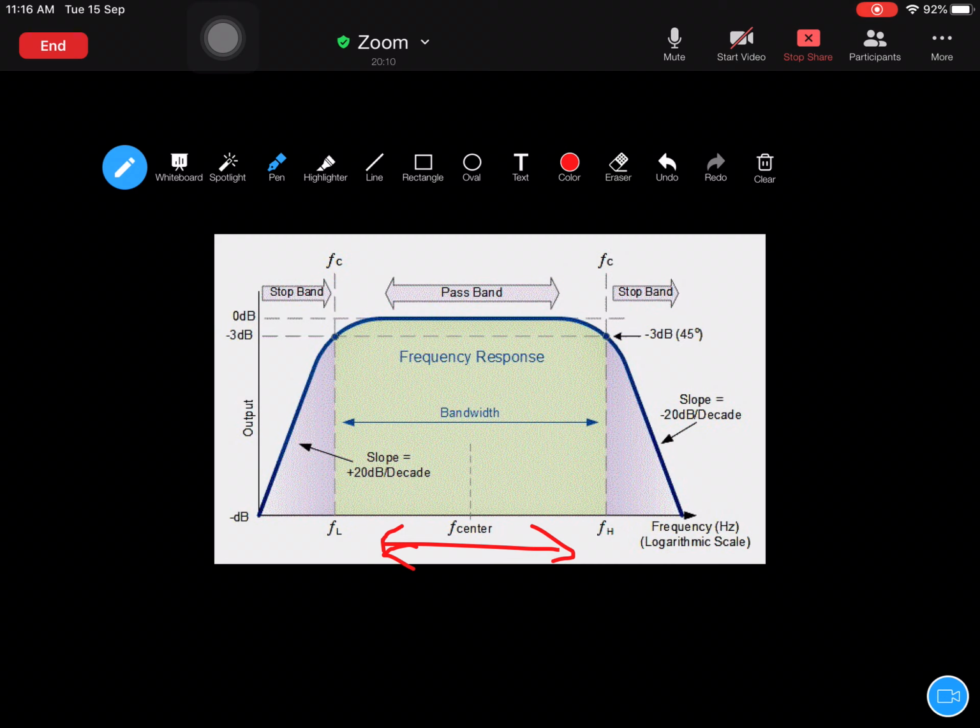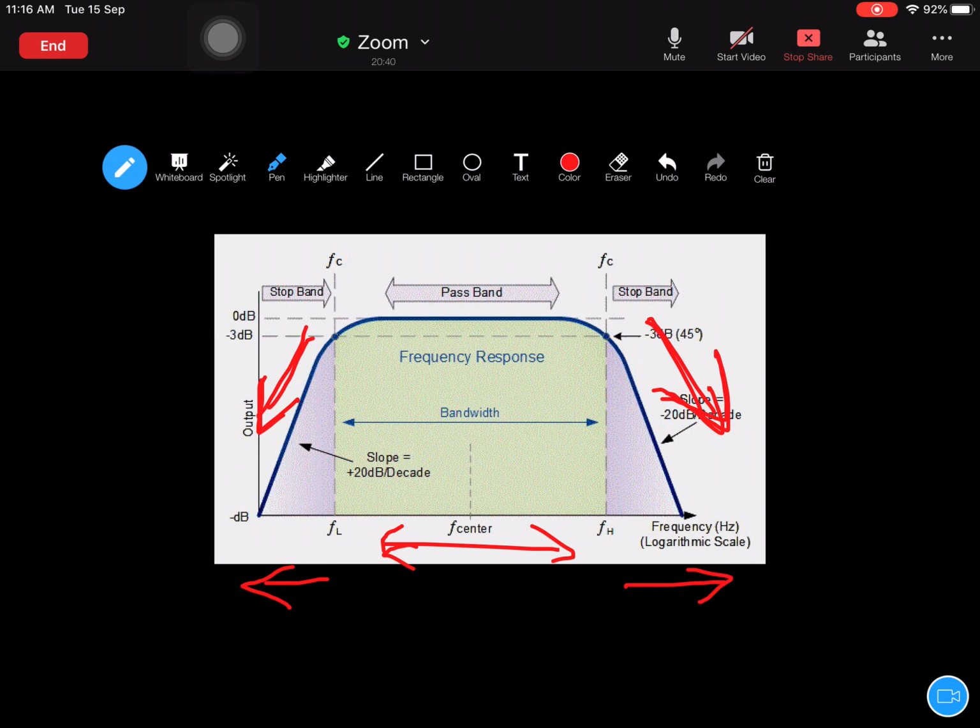Once you go to the lower side of the mid gain, below FL, which is the lowest cutoff frequency, the gain will decrease dramatically. Here also the gain will decrease beyond the mid range, that is, beyond the higher cutoff frequency, the gain will fall.